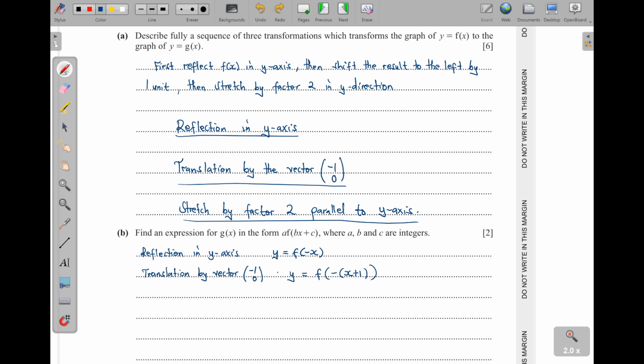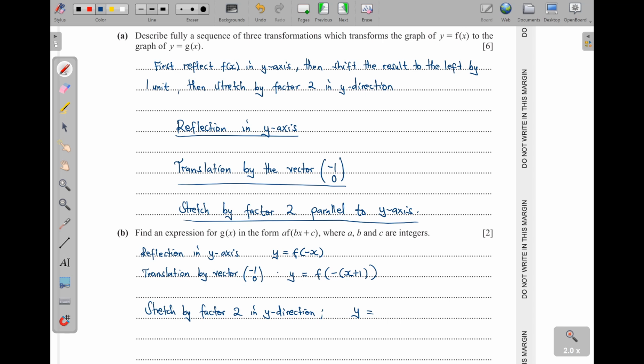And then stretch. So the last one is stretch by factor 2, in y direction or parallel to y-axis. Of course, for the stretch, we use multiplication and division.